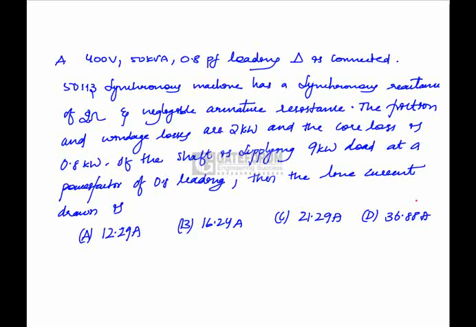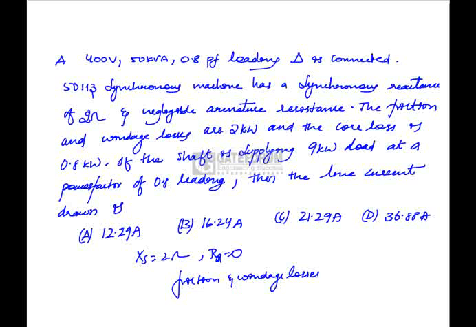He has given a 400 volts, 50 kilovolt ampere, 0.8 power factor which is leading, delta connected, 50 hertz synchronous machine. Synchronous reactance XS is equal to 2 ohm. Negligible armature resistance, so RA, let us take it as 0. They have given friction and windage losses as 2 kilowatt.